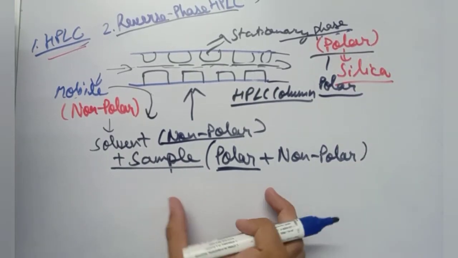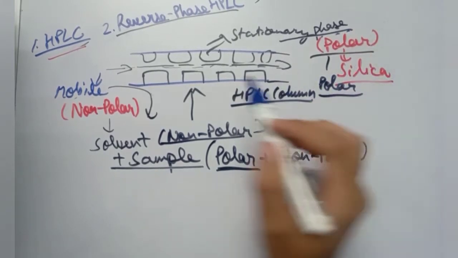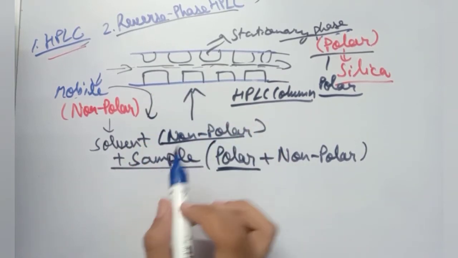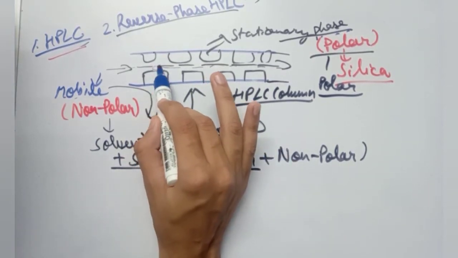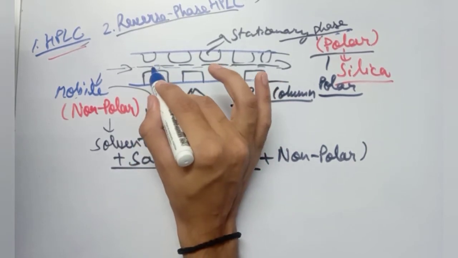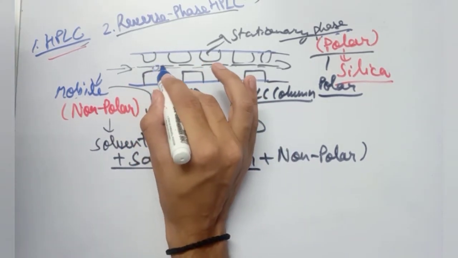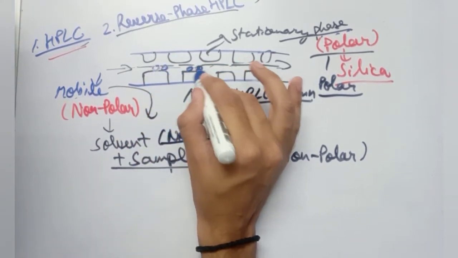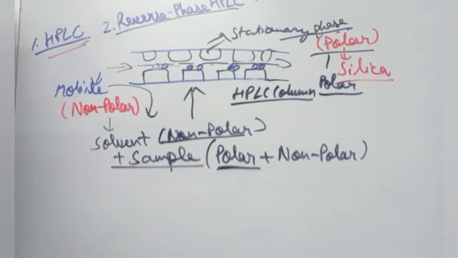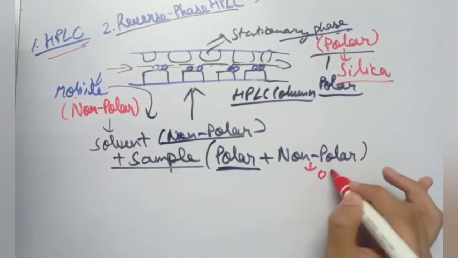Because of this attraction, the polar components get attached to the polar stationary phase. Let's assume the polar components are of blue color, so they get attached to the stationary phase. And let's assume that the non-polar part is of red color.